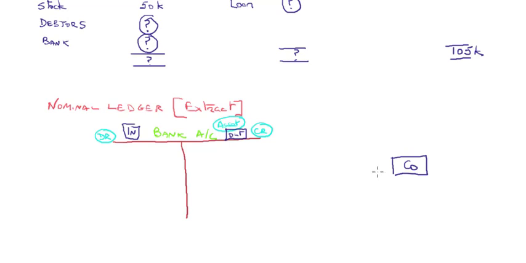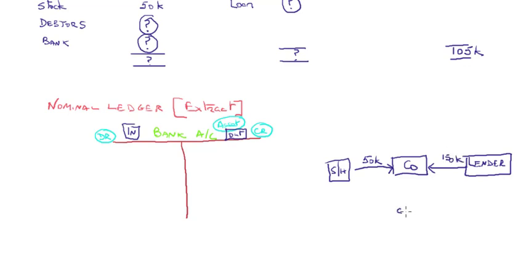So what money came in? Well, certain money came in from the shareholders. So I'll just put there shareholders. I think that was 50k, so 50k is going to be lodged into the bank. There's also money put in by the lender, and I think the lender put in 150k.